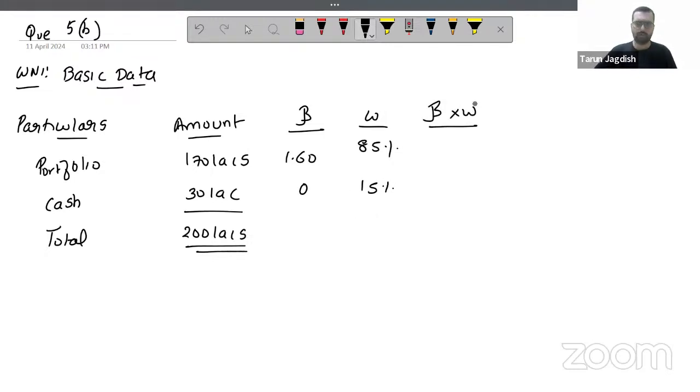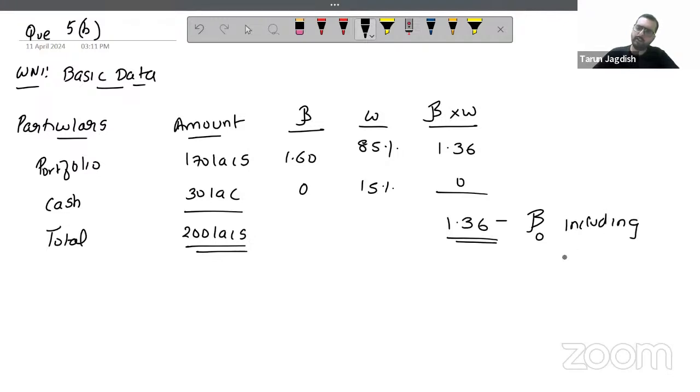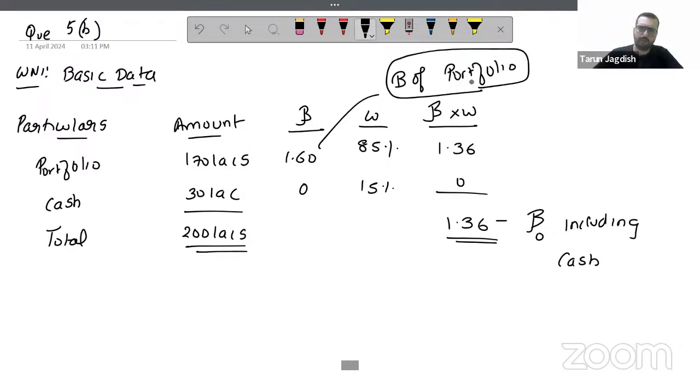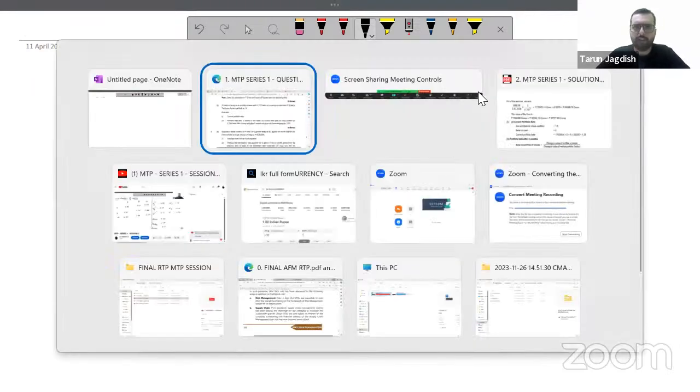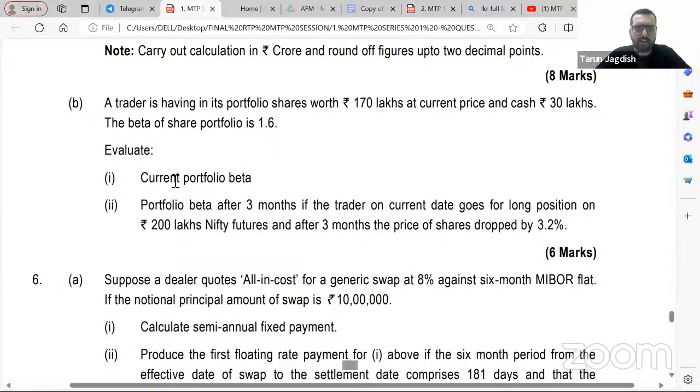I can find out the overall beta including cash now. That will be 1.36 and 0. This is the overall beta, beta overall including cash. This is the beta of portfolio alone. All right, friends. Now what they are trying to ask is the current portfolio beta.